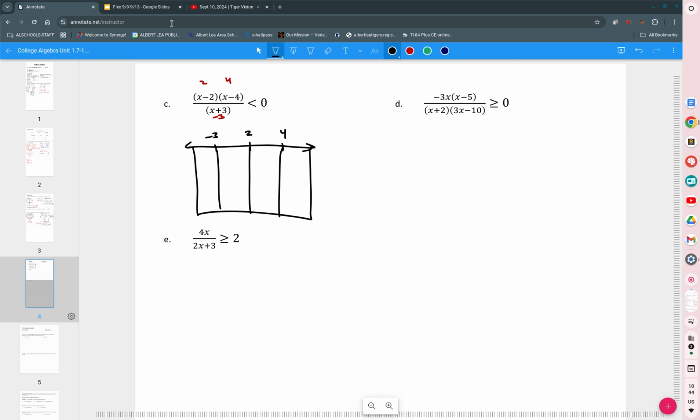The number of rows is the same as the number of factors that we have in our problems. We have 1, 2, 3 factors that produce those 3 results. And then I put these factors on the side, x minus 2, x minus 4, and x plus 3.